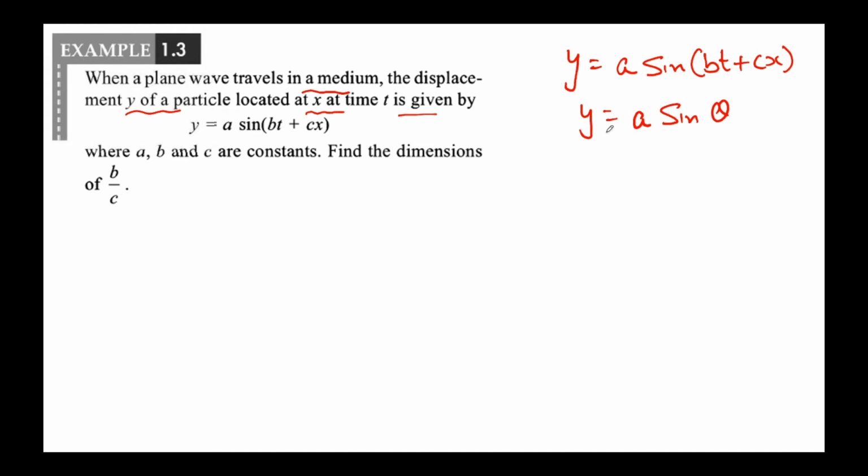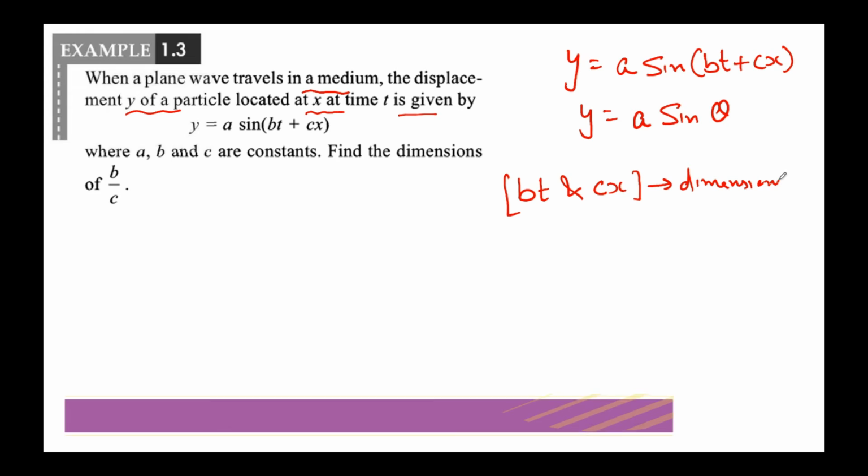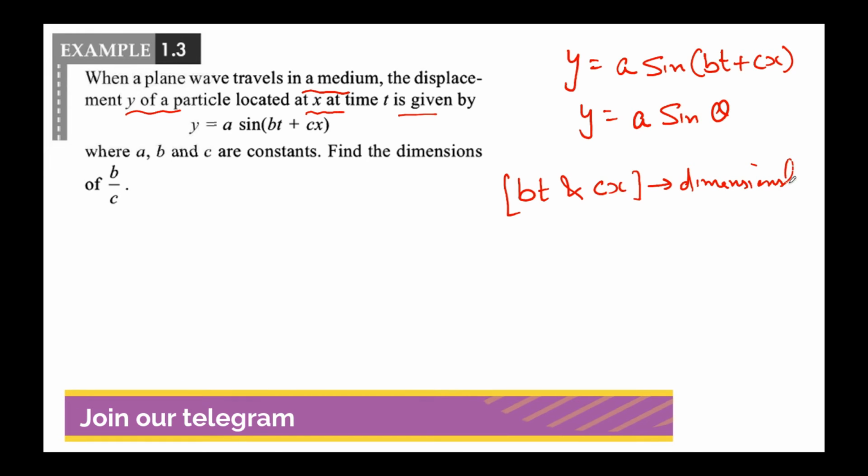So from this, the value of b t plus c x, or b t and c x, must be dimensionless, because theta is a dimensionless parameter.